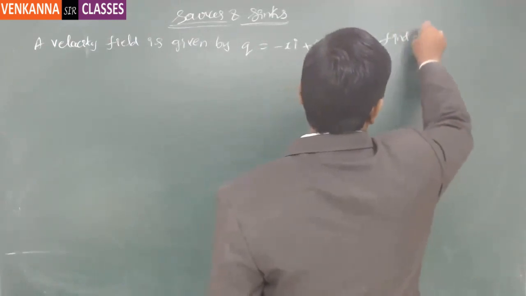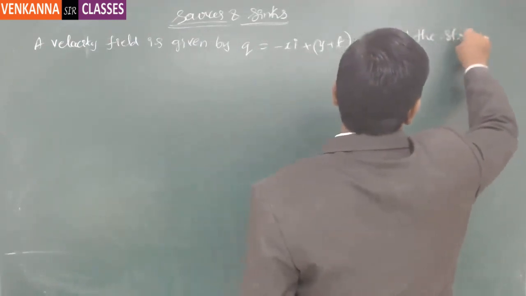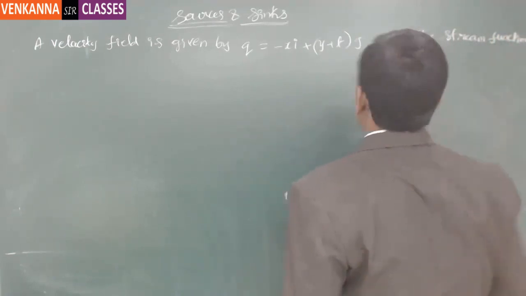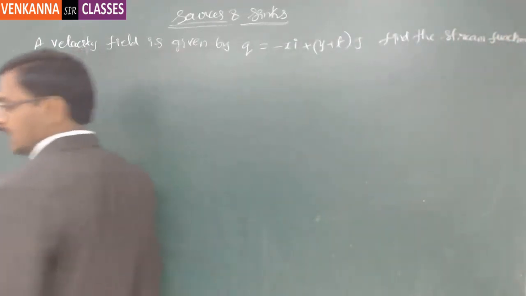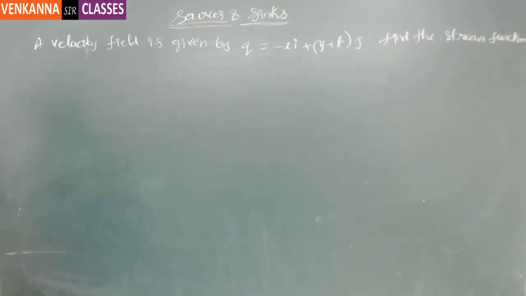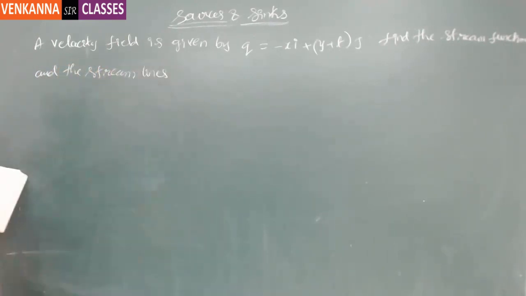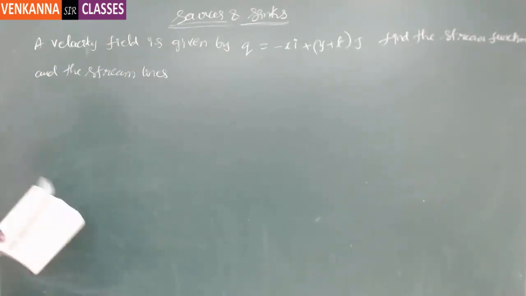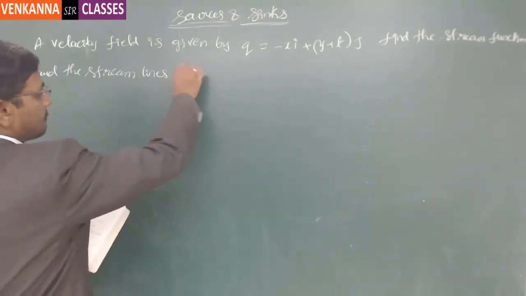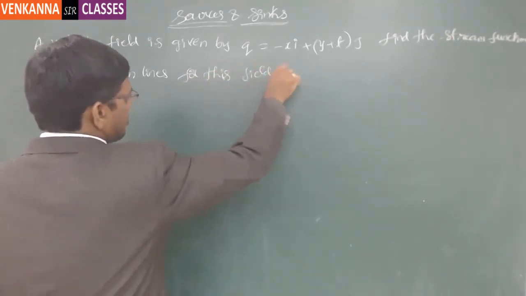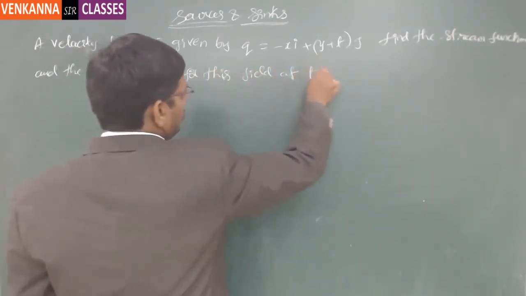Find the stream function and the streamlines at t is equal to 2.